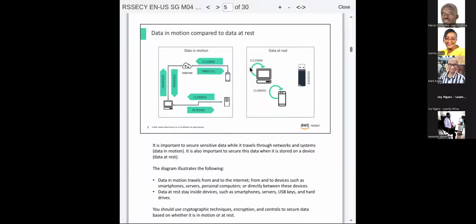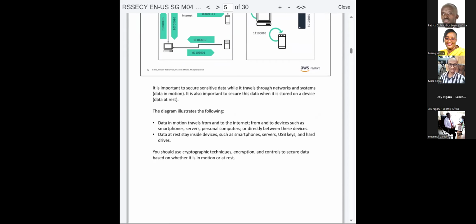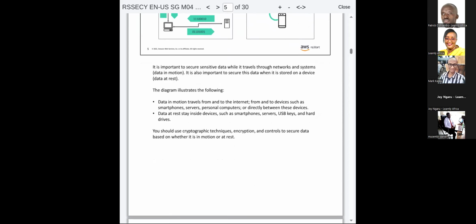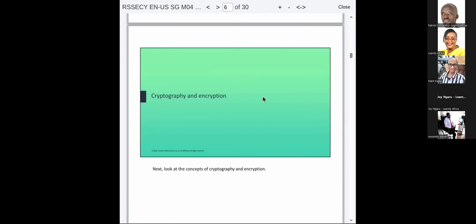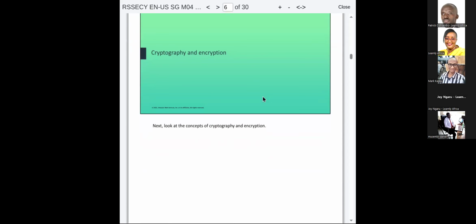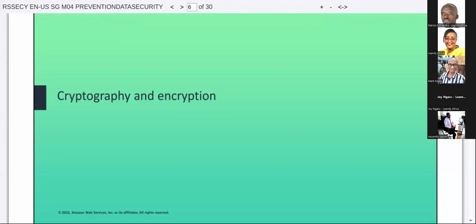Even when data is at rest, it's being encrypted, and you cannot know the content unless you have the keys or the codes. Let's start with cryptography and encryption. Let's see how we can protect our data using cryptography and encryption. This is where they are a bit easier to assimilate.